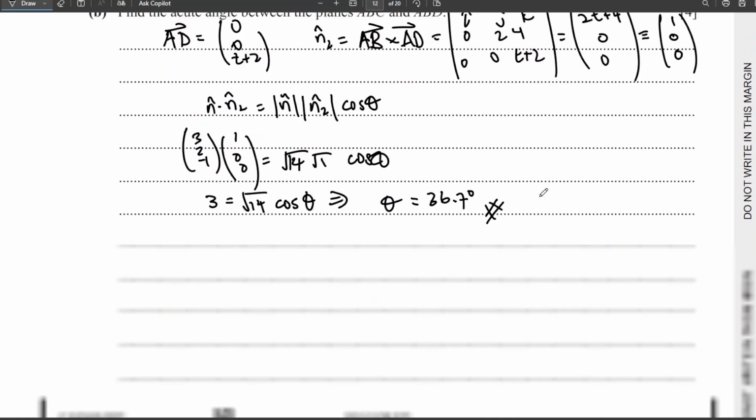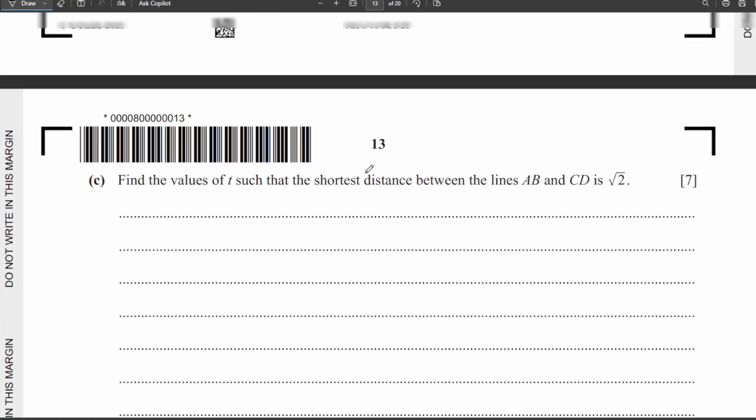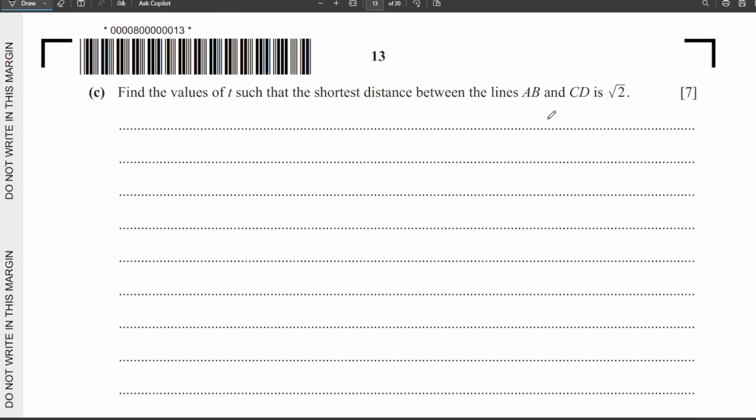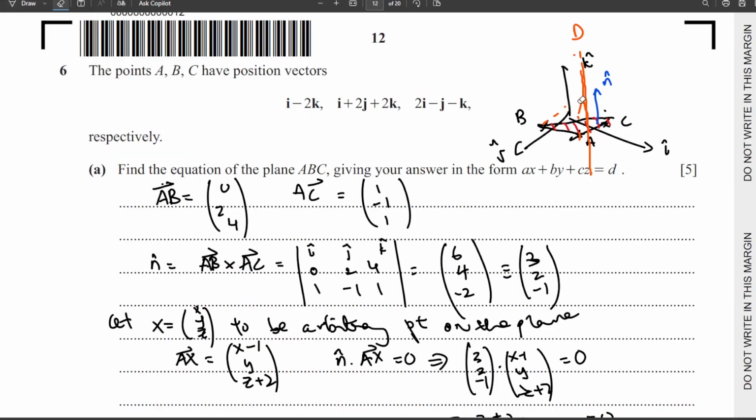Alright, now part C. Find the value of t such that the shortest distance between lines AB and CD is square root 2. Again, we know that D can exist on any of this orange line. Just for the sake of example, let's say this is D here.